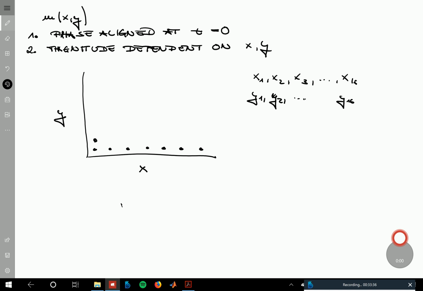Why 16? I will show you in a second why 16, because it fits the plot.